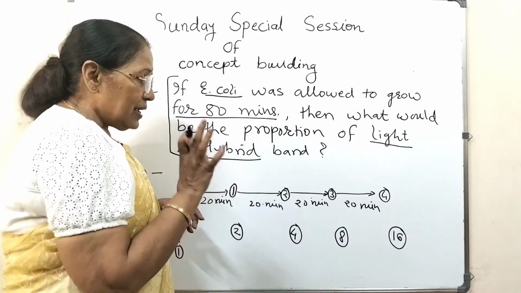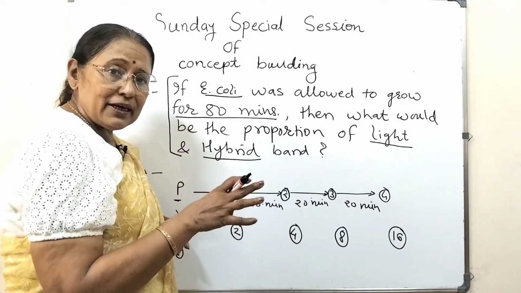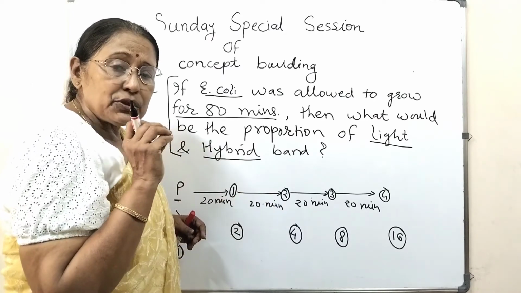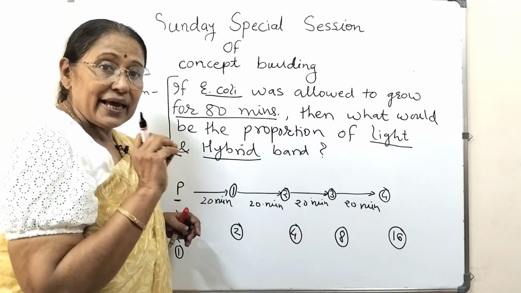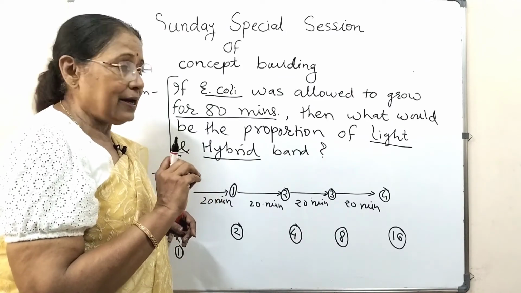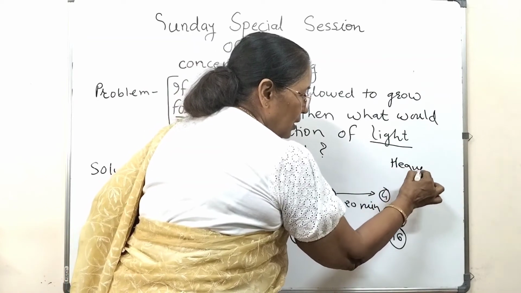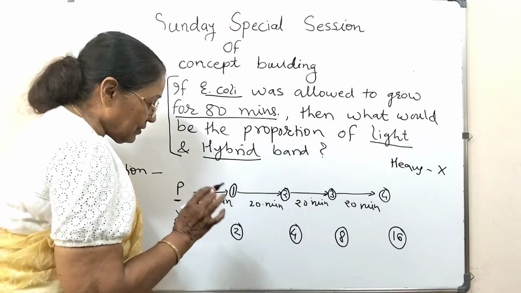Always remember, whether it is 80 minutes given to you, or 800 minutes or 8000 minutes, there is not a single DNA molecule which is heavy. Not even one will remain, children. The heavy one is always 0 after even one generation. Why?